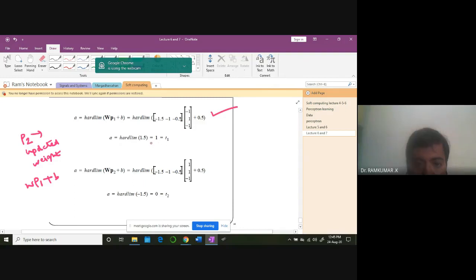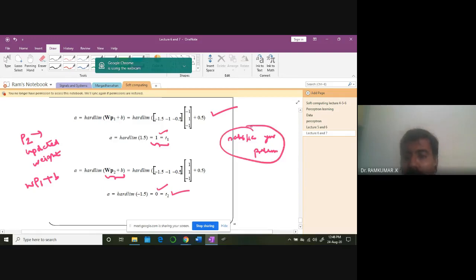Now you see it's exactly satisfying, and for pattern P2 also it's exactly satisfying. 1 and 0 you are getting. So this newly updated weight and bias satisfy the problem. Are you getting the point clearly? Yes, sir. Clear, sir.